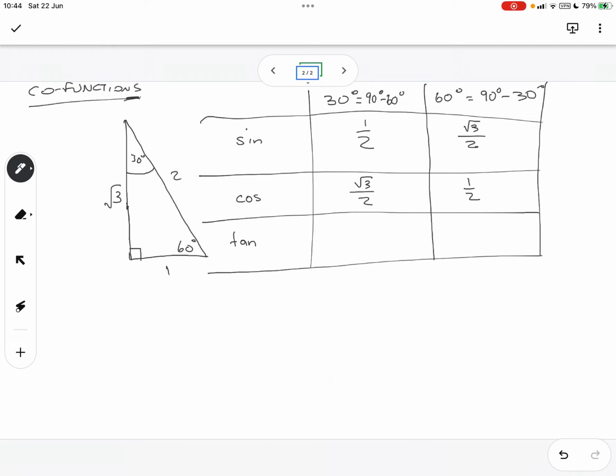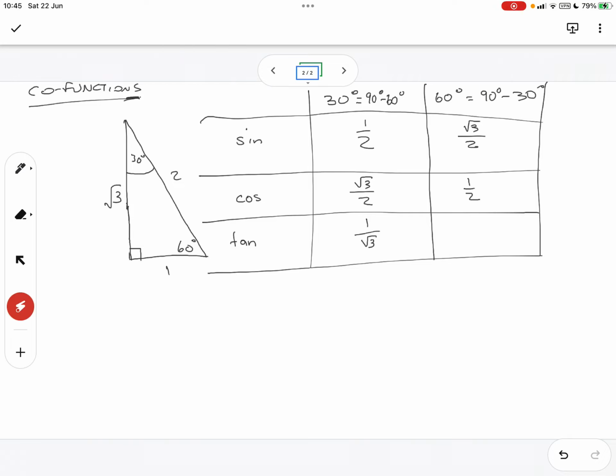Let's level. On the angle of 30 degrees again, the side that is opposite the 30-degree angle is 1, and the side adjacent next to it is root of 3. So opposite over adjacent becomes 1 over square root 3 again.